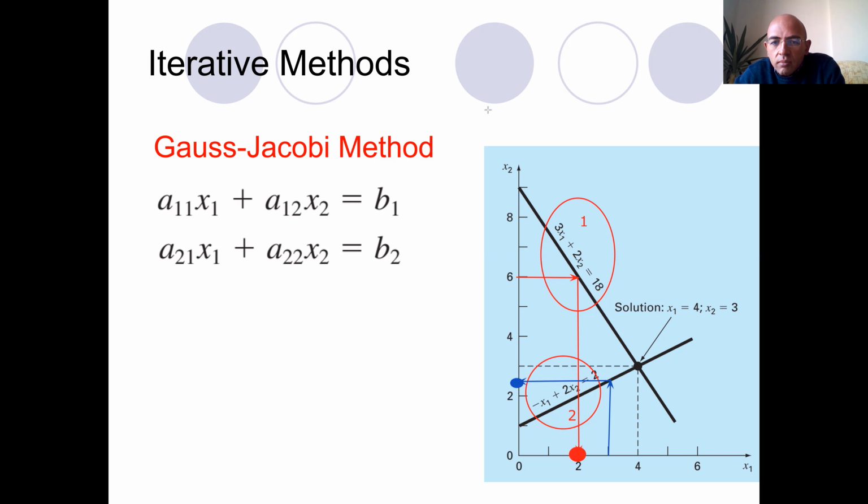Now let's focus on the value of 2. Now I will use 2 for calculating the new value of x2. So this is my new approximation for x1. I substitute x1 here as 2, so it goes 4 divided by 2, it goes to 2.